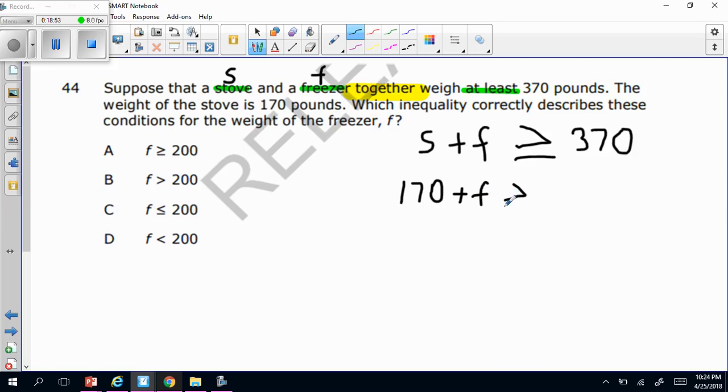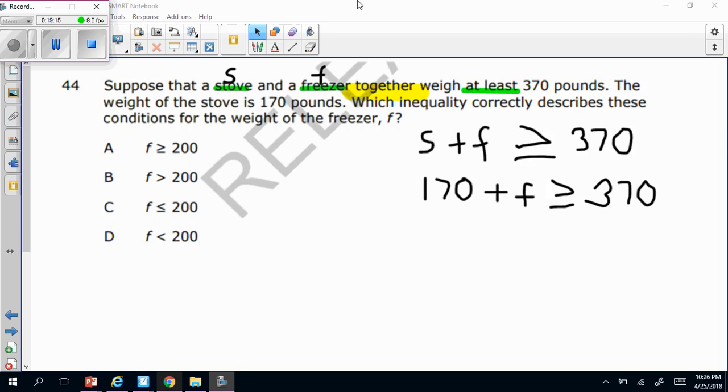Nothing has changed other than adding what we know the stove is. Now, pause the video and I want you to solve this on your own. And when you solve it, we'll regroup.